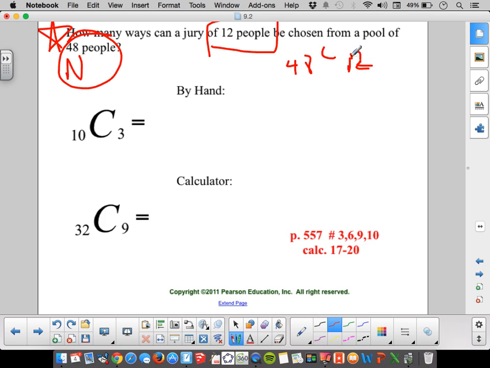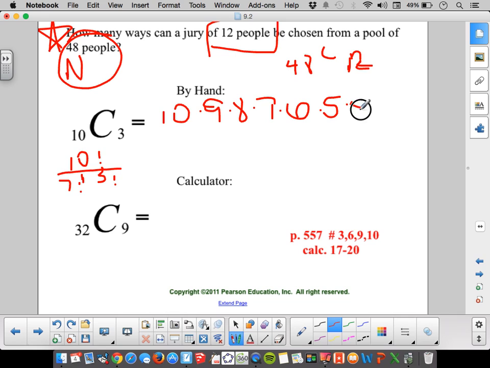Now, by hand, the way to do this, you have to remember your formula. n factorial over n minus r factorial times r factorial, which is 3 factorial. So we're going to have 10 times 9 times 8 times 7 times 6 times 5 times 4 times 3 times 2 times 1.